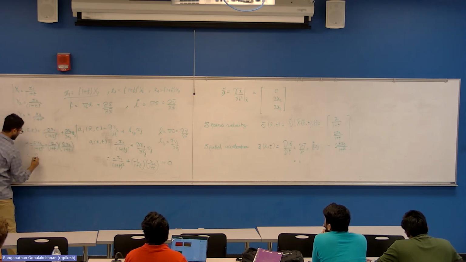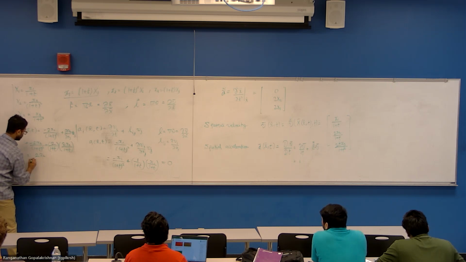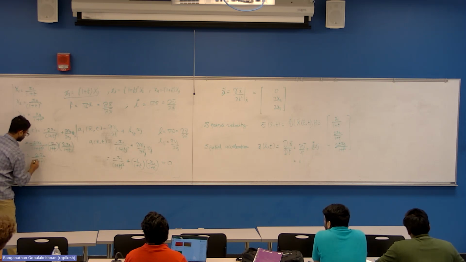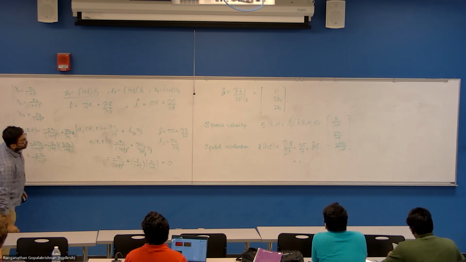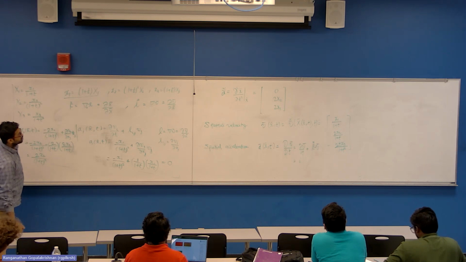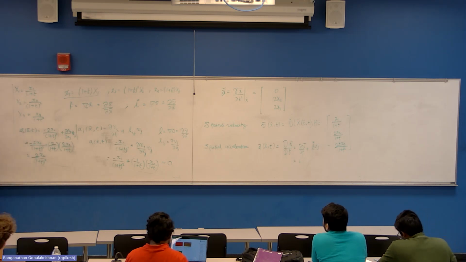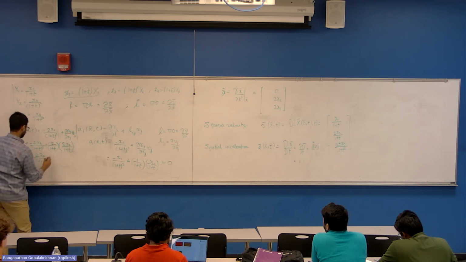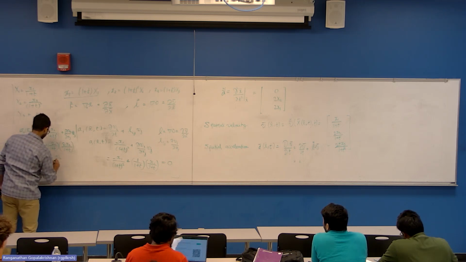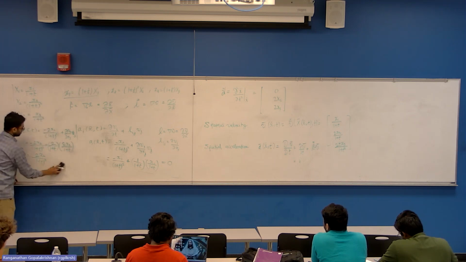This is 2 times x2 over (1 plus t) squared, which is not particularly anything. Or if you want to call it, this is like V2 divided by 1 plus t, but that's not necessary.